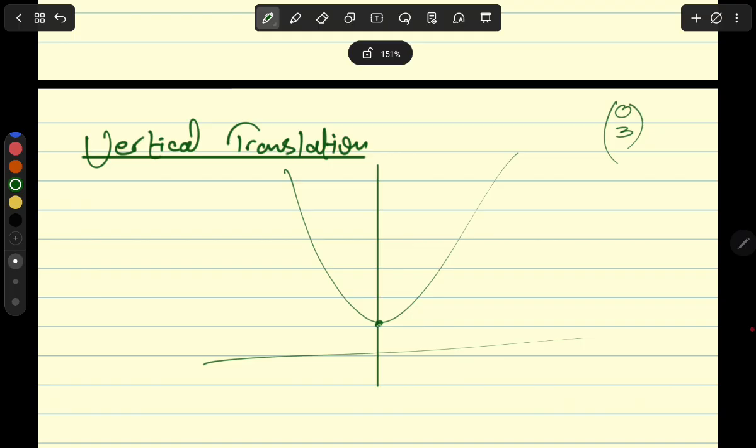So 0, 1 goes to 0, 4, and 1, 4 becomes 1, 7. So our curve is going to move up by 3 units everywhere. So 2, 5 becomes 2, 8. So this is vertical translation. So only y values are changing.